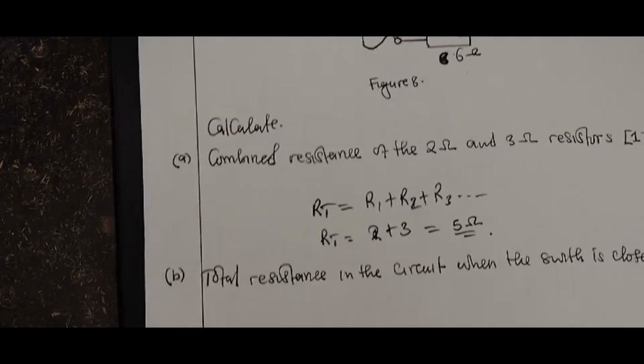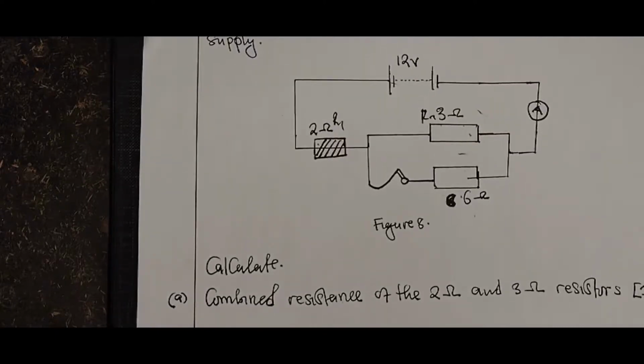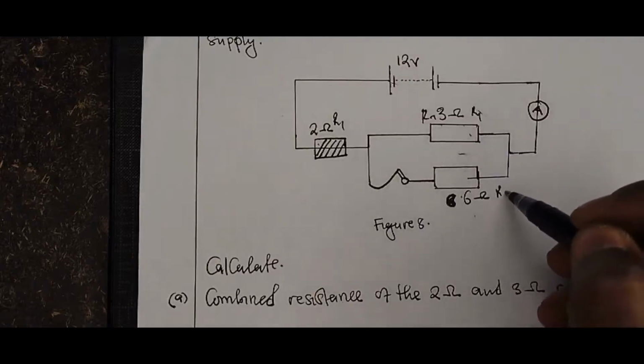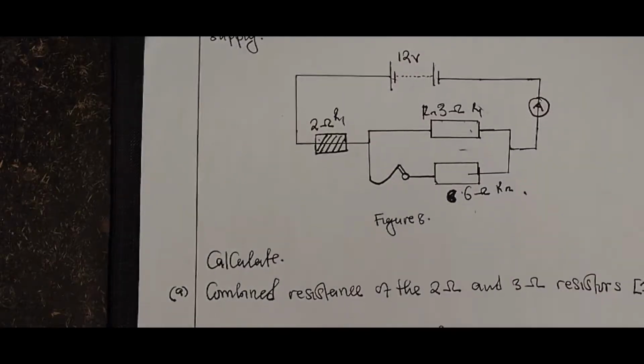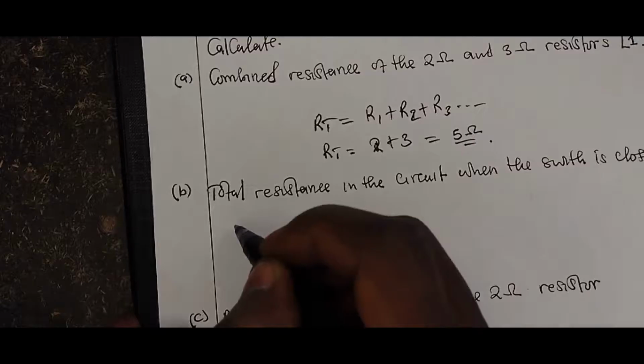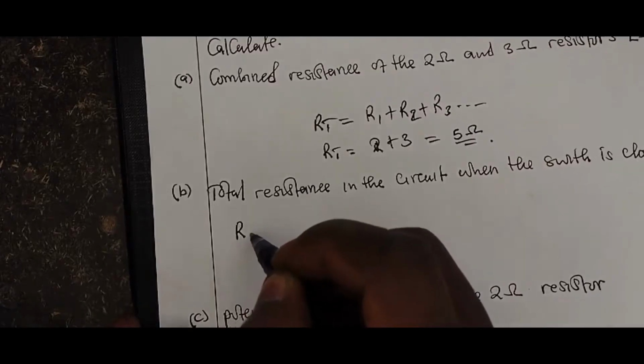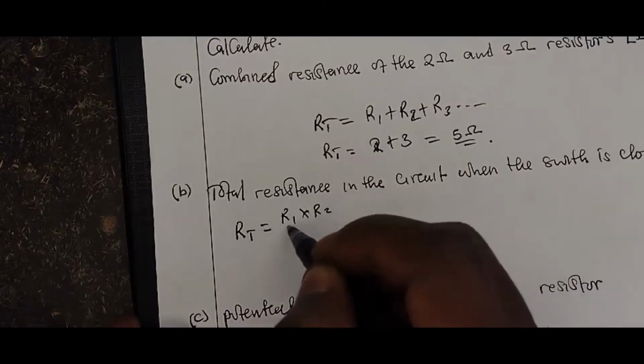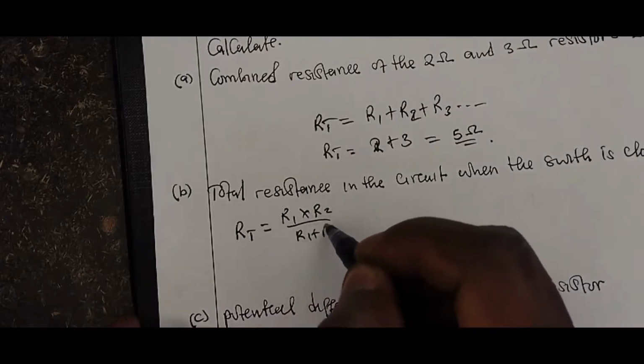So in this case, we are going to deal with the 3 ohm resistor and the 6 ohm resistor. Let us put this one as resistor 1 and this one as resistor 2. Those are in parallel. So how do we do it? Since they are 2, you can simply apply this formula: R1 multiplied by R2 divided by R1 plus R2.